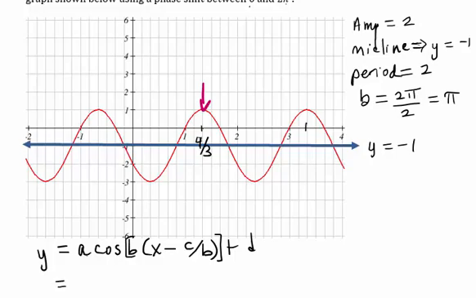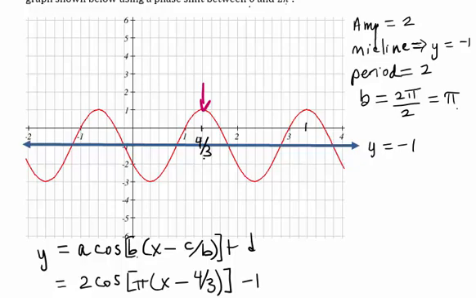Okay, so A is 2, cosine of B, which was pi, x minus C over B, or the phase shift, which is 4/3, and then plus D, the midline. In this case, it's -1.